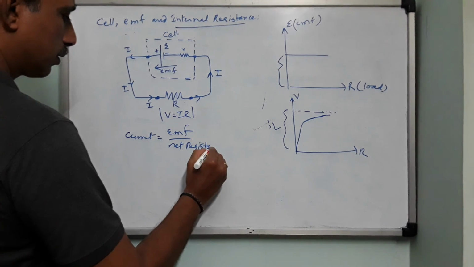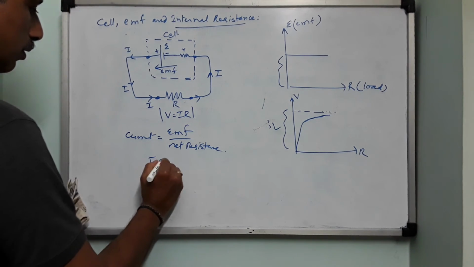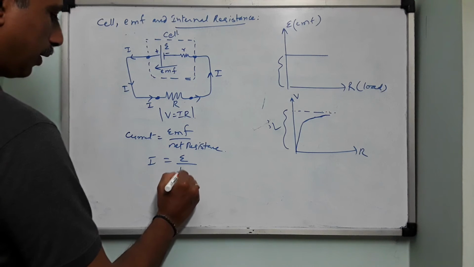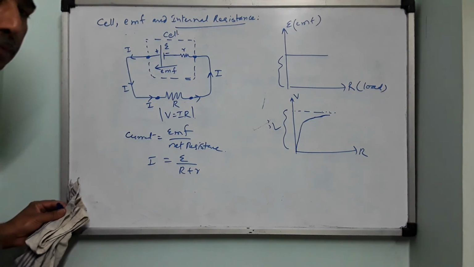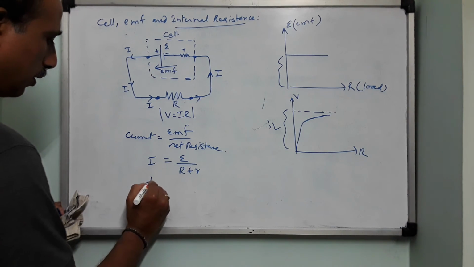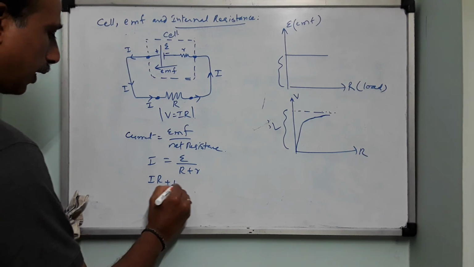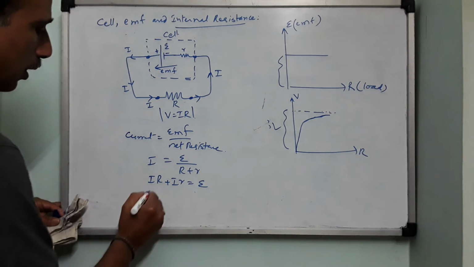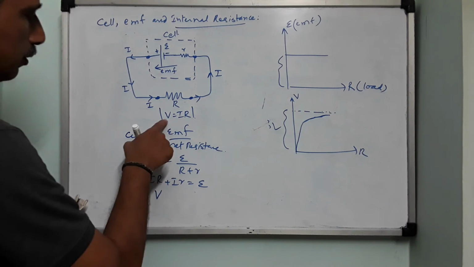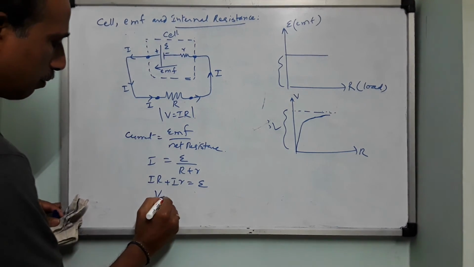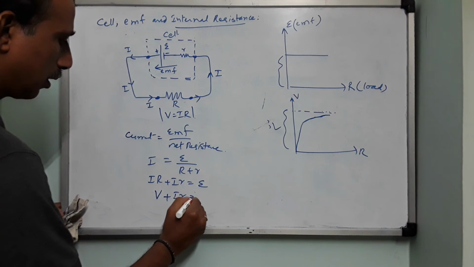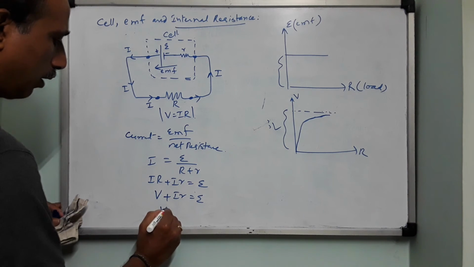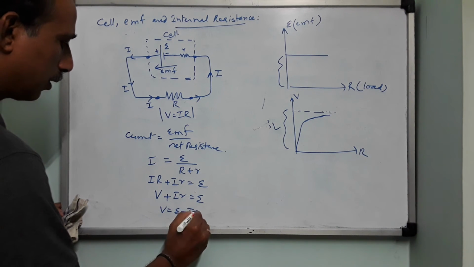So I equals E divided by small r plus capital R. Cross multiply this: I capital R plus I small r equals E, the symbol of EMF. I capital R is known as V, the terminal potential difference, plus Ir equals E, or V equals E minus Ir.